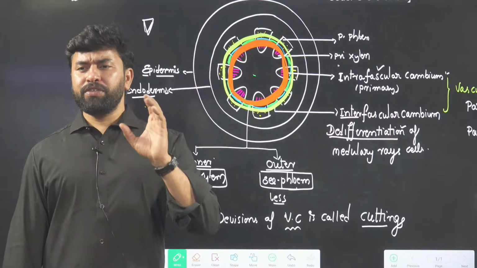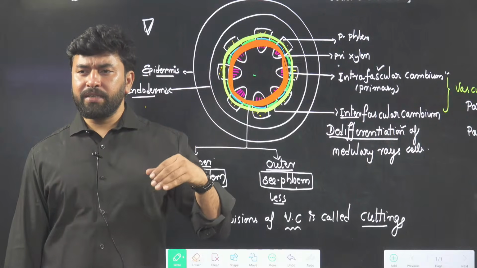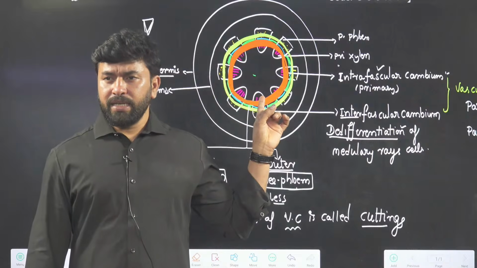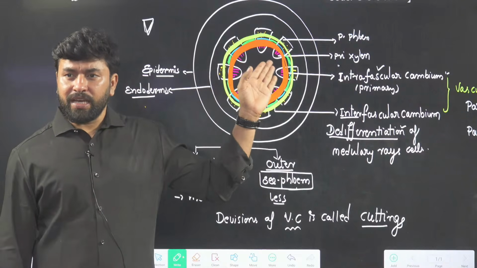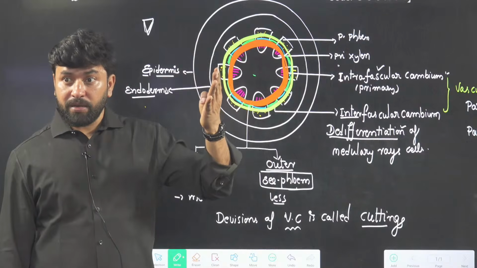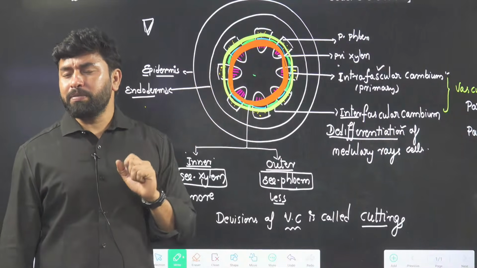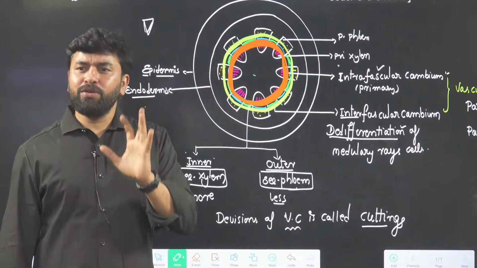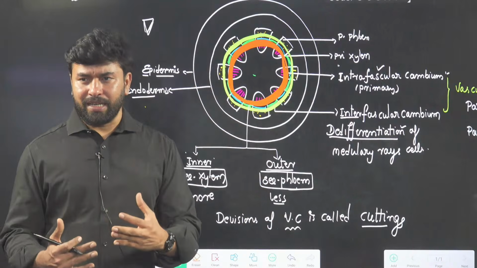But why did they say cutting here? The cambial cell is meristematic. It has given xylem, four different types of cells which are nowhere related to meristem. Outside, the four types of cells it has given are also nowhere related to meristem. That's why these divisions are called cuttings.